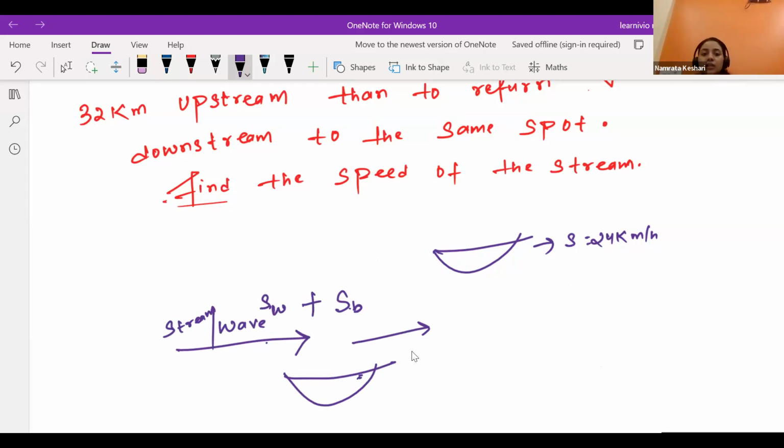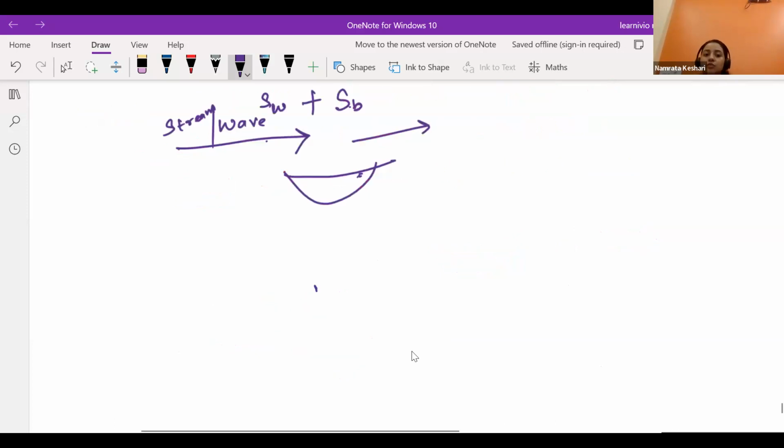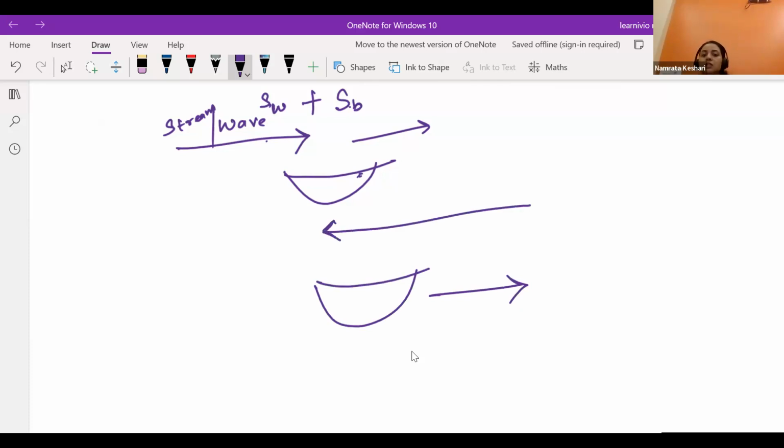And when it's going in the opposite direction, suppose the boat wants to still go in this direction, but the flow of the stream is in this direction, that means the speed will get subtracted.